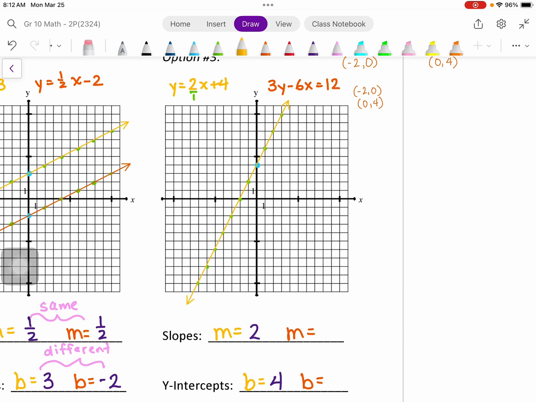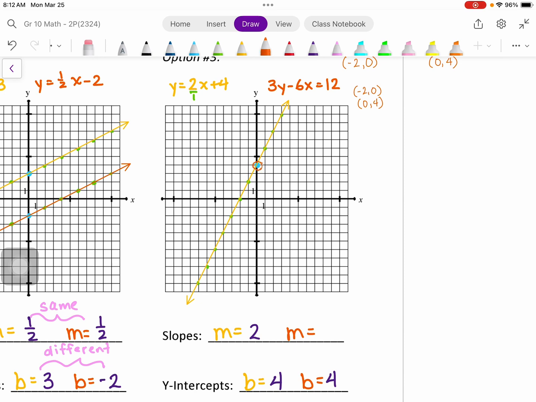And our next one, our y-intercept happens when x is 0. So that means that my y-intercept is 4. So that's the same number that I have here.